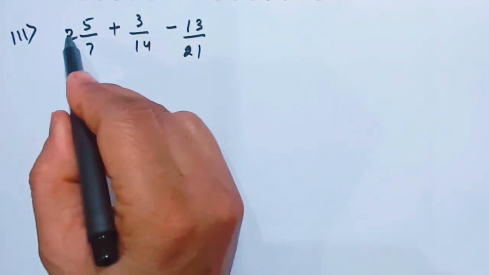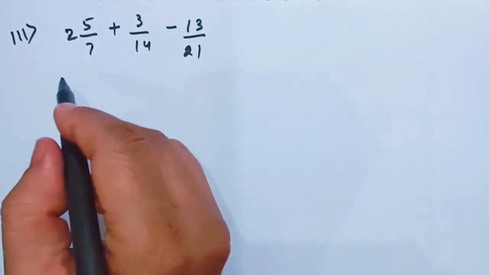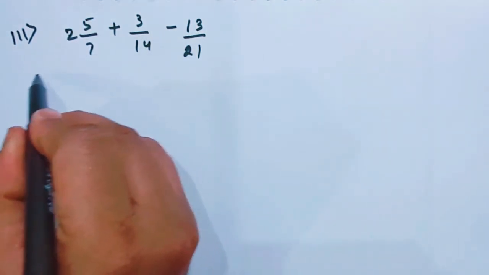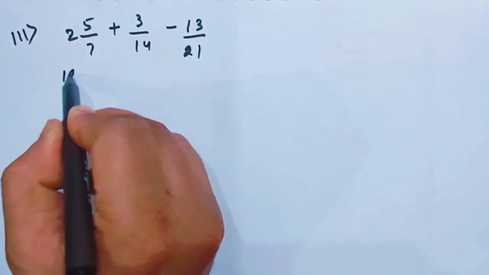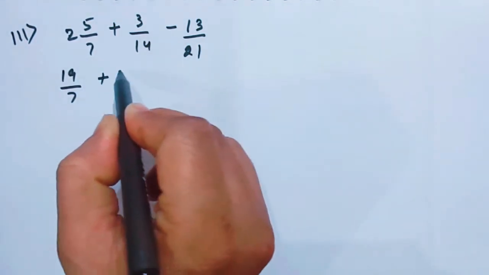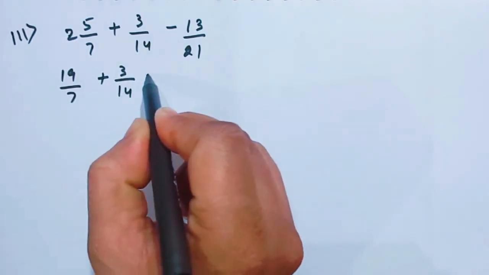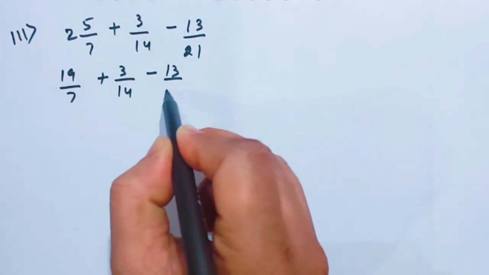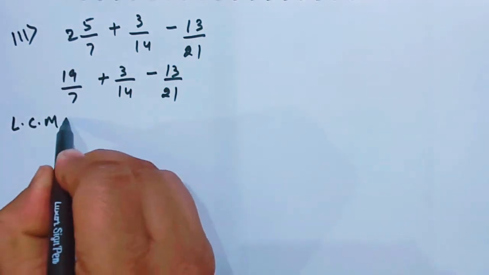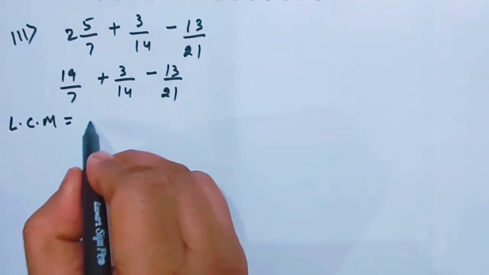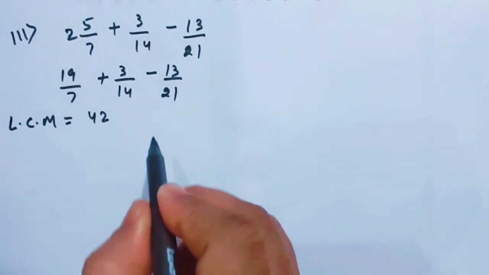So 7 2 times 14 plus 5, 14 plus 5 how much? Is equal to here 19 by 7 plus 3 by 14 minus 13 by 21. LCM is equal to how much? 42. You can take it out, okay?